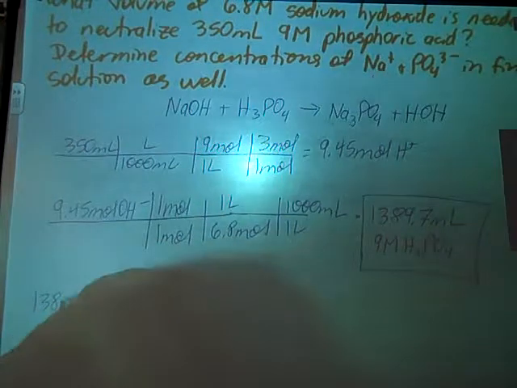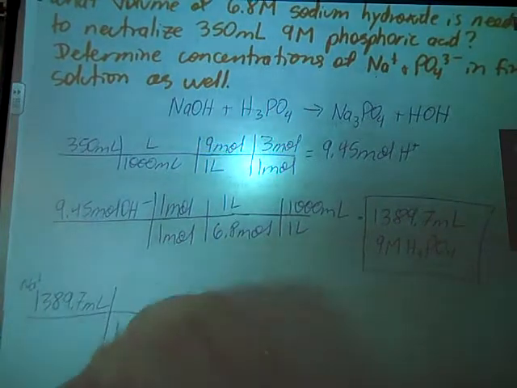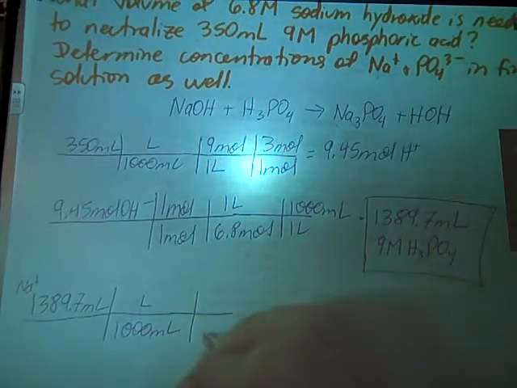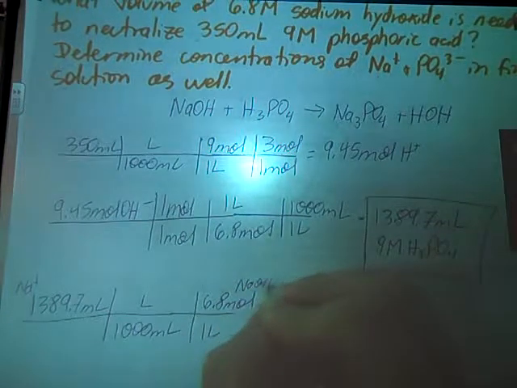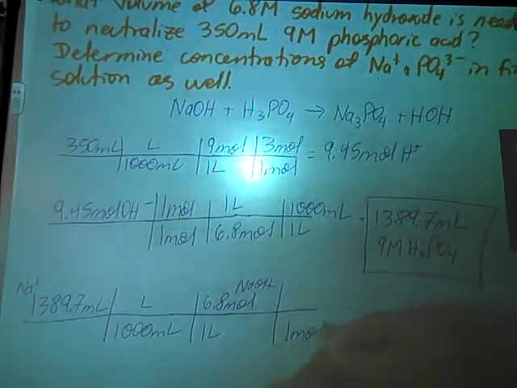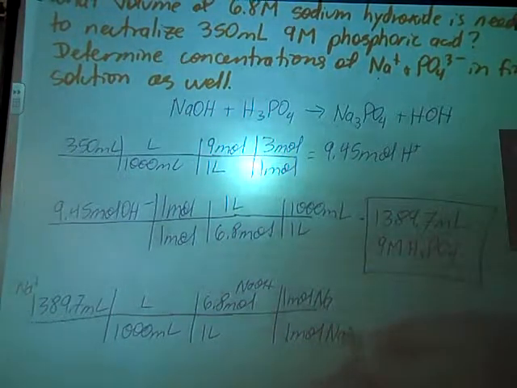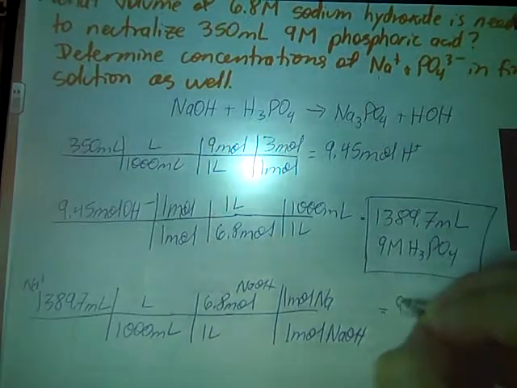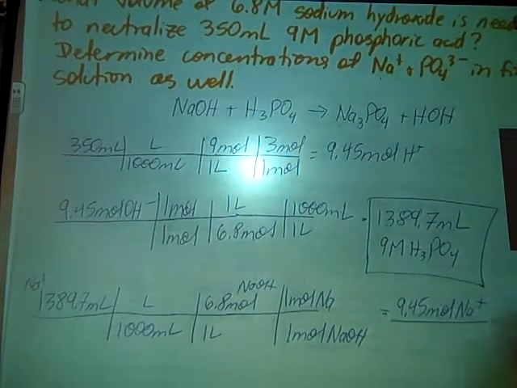So we have 1398.7 milliliters of your Na plus. Going back to liters, that was a 6.8 molar sodium hydroxide solution. But now instead of caring about the OH, I'm only caring about the Na. So I find out that I have 9.45 moles of Na plus, but now we need to divide it by the total volume.